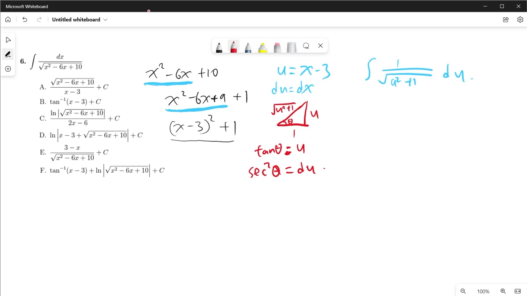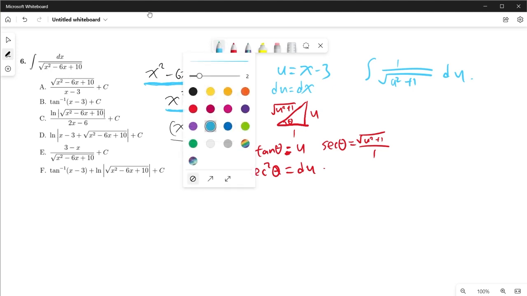And then I will have secant x. Secant theta would be 1 over square root of u squared plus 1 over 1, right? That would be hypotenuse over adjacent. Well, actually, you know what, that's fine.